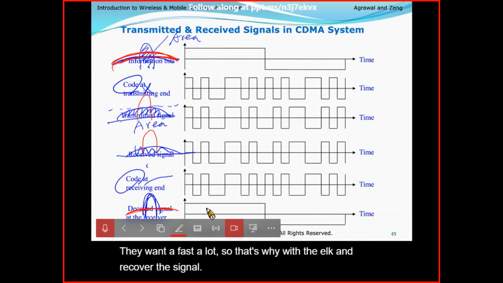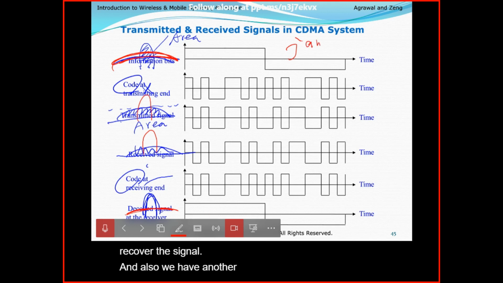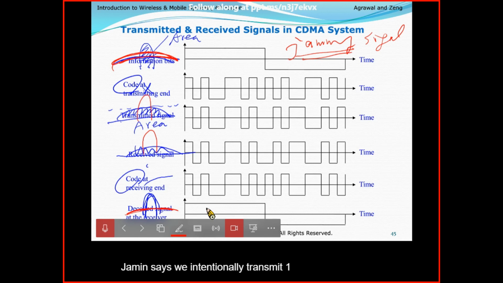And also, we have another one, jamming. Jamming says we intentionally transmit one signal with high intensity, so it's jamming.